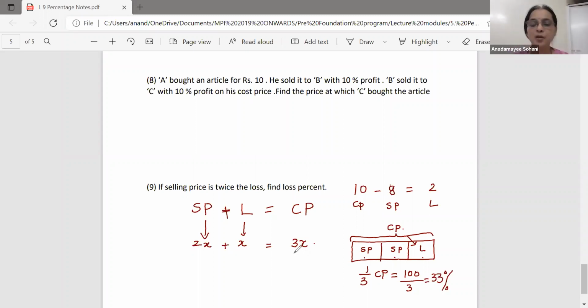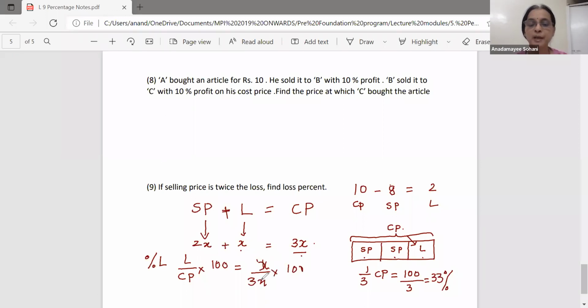Otherwise, cost price is 3x, loss is x. We want to find the loss percent. So what is percent loss by formula? It is the loss upon cost price multiplied by 100. So it will be x upon 3x multiplied by 100.